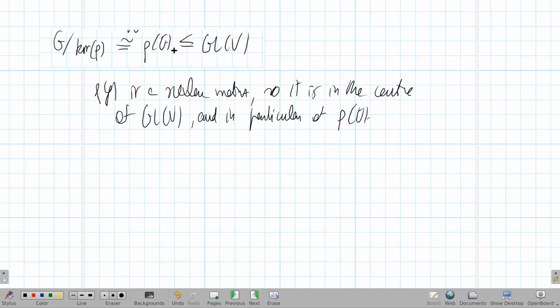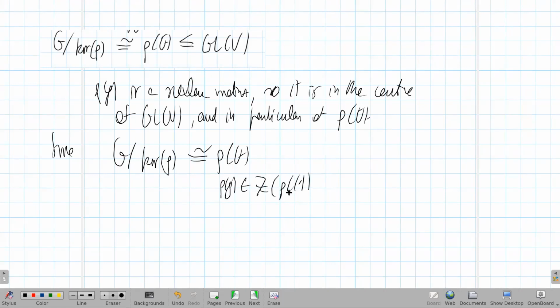But this is an isomorphism, okay? Since G over the kernel of rho is isomorphic to rho of G, if rho of this element is in the center, then this means that the corresponding element here, which is G times ker rho, is in the center of this.